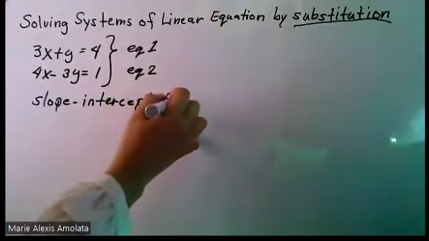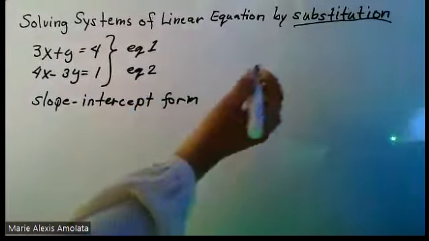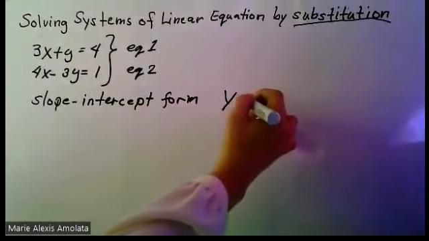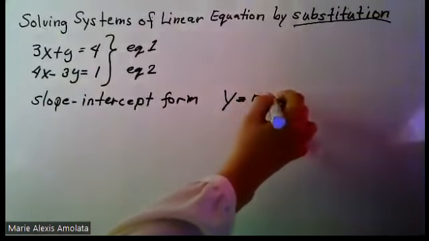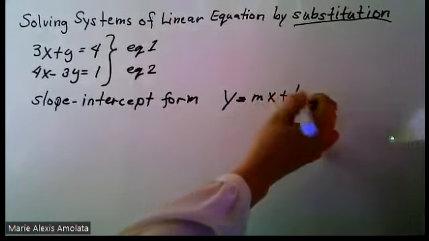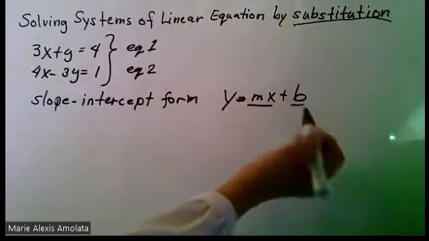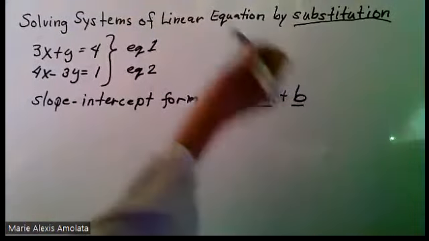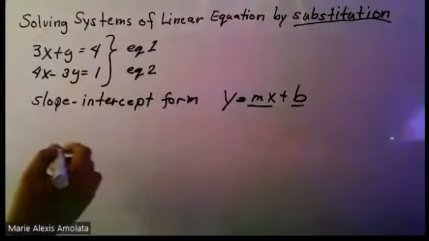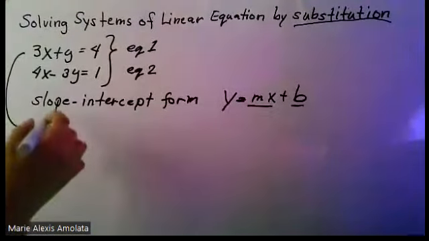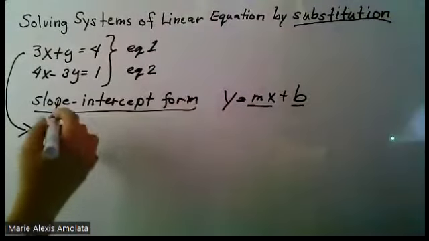The format should be like this: y is equal to mx plus b, where m is the slope and b is the y-intercept. Okay, so let's transform equation 1 into slope-intercept form.